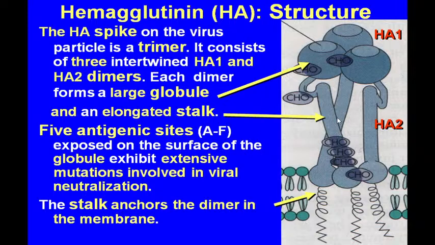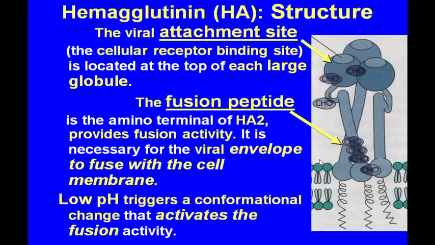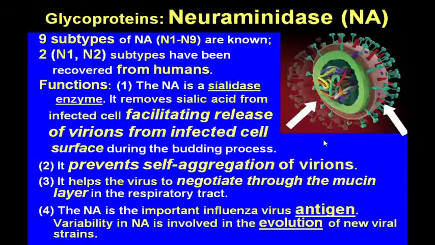And here you have a so-called stalk, the globule and the stalk that anchors this molecule in the membrane. And in the stalk we have the fusion peptide, that when it is open due to conformation change, may give rise to the fusion with the membrane.